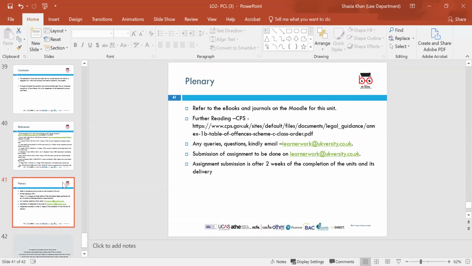And there's a CPS document there on the different table of offences and the different offences within the UK, in regards to what offences are the homicide offences, what the penalties are, what the elements of sentencing are for each one on the CPS website, and it also looks at the analysis of actus reus and mens rea for each one. It also looks at the different types of offences and what sentences they carry. So you can have a look at that article in your own time.